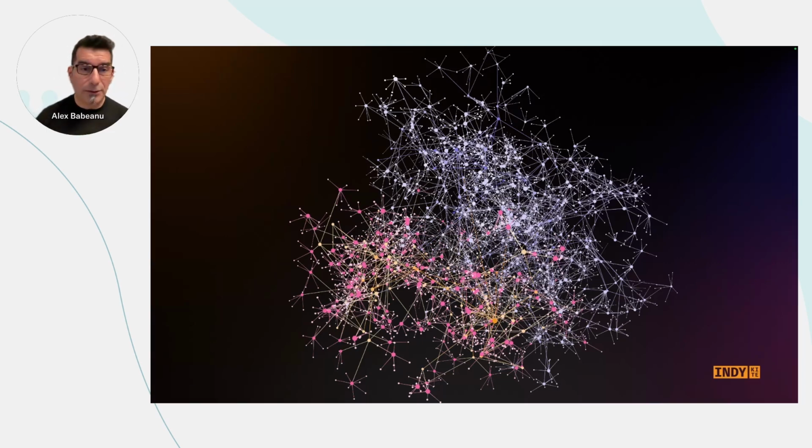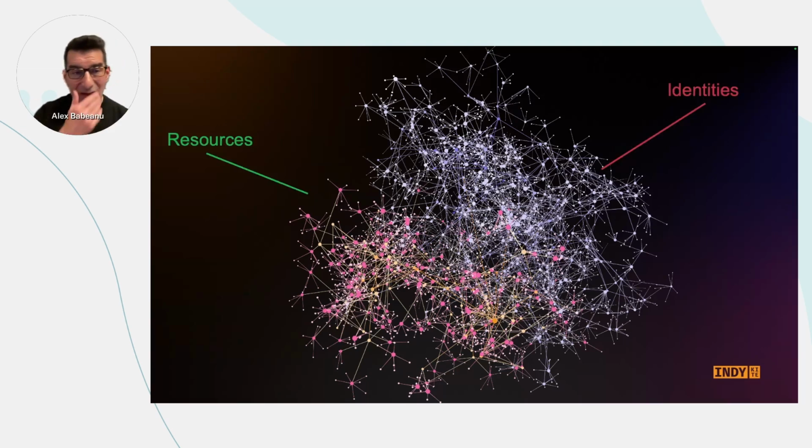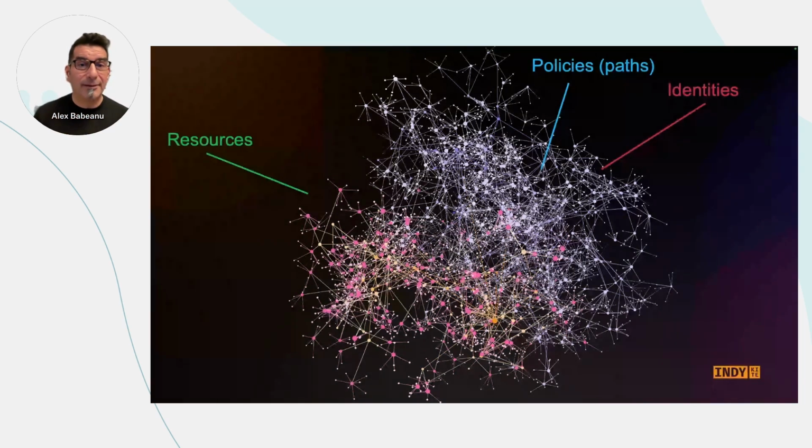Essentially, you will need to identify within this graph the identities of the subjects and the resources. These could be extra labels to your nodes or brand new nodes. And in between those, you would need to identify the possible paths between the identities and the resources in order to apply one of those graph-based authorization models that I just mentioned.